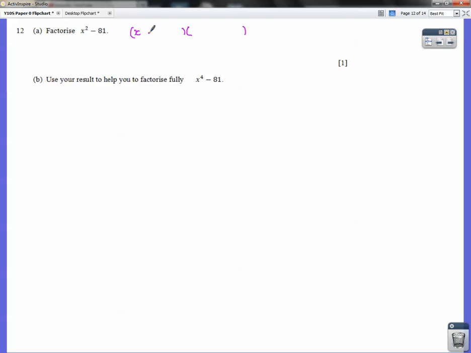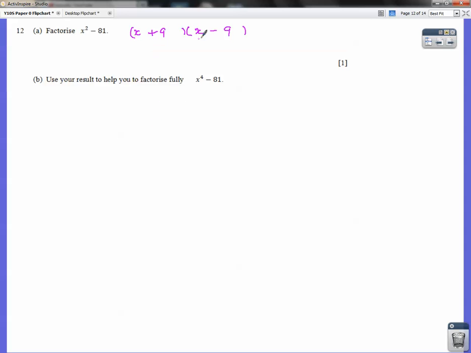So x squared minus 81 is x plus 9 multiplied by x minus 9. When you expand it, you get an x squared term, plus a 9x minus a 9x gives you 0x, which is what you want, and then plus 9 times minus 9 is minus 81.